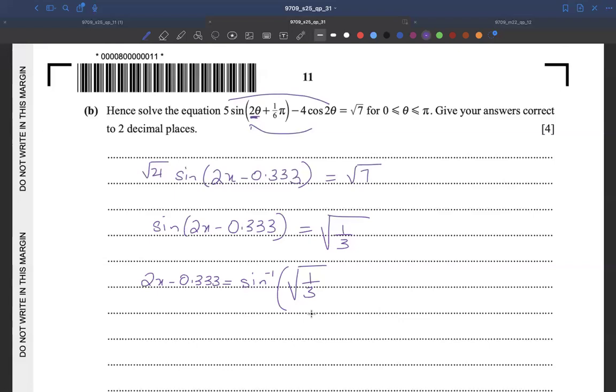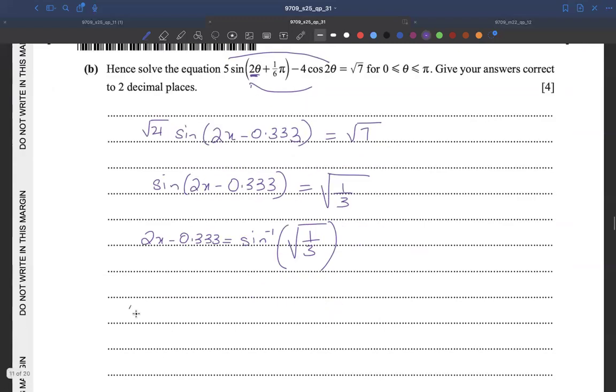Substituting this in the calculator, sine inverse of root 1 over 3 is coming out as 0.6154. So we'll get 2x minus 0.333 equals 0.6154. Now we have to be within 0 and pi.